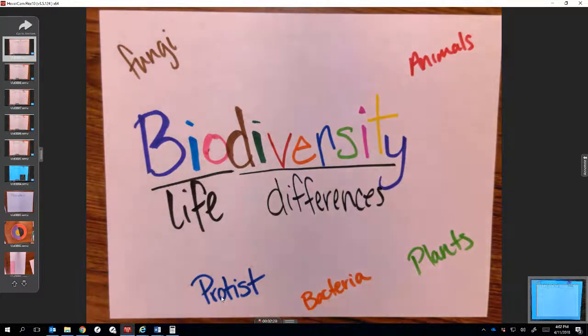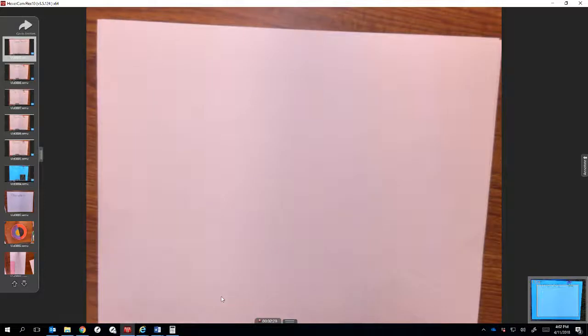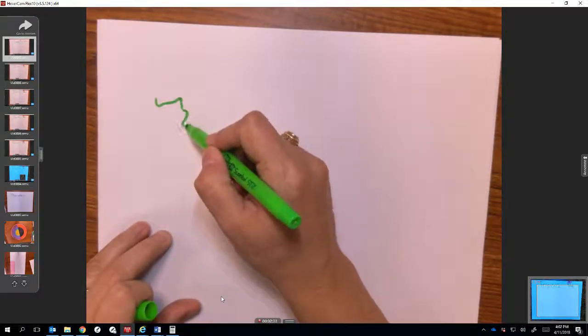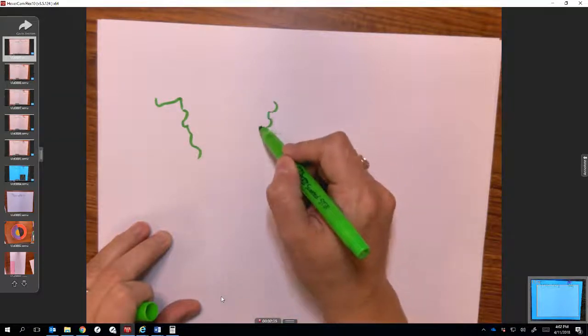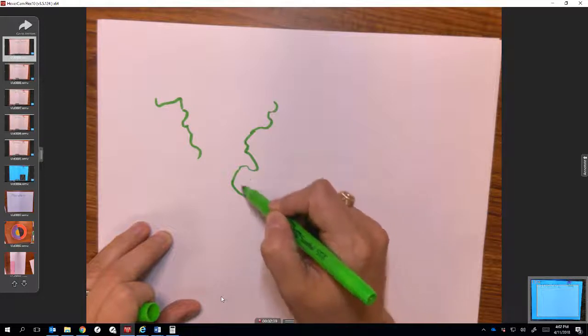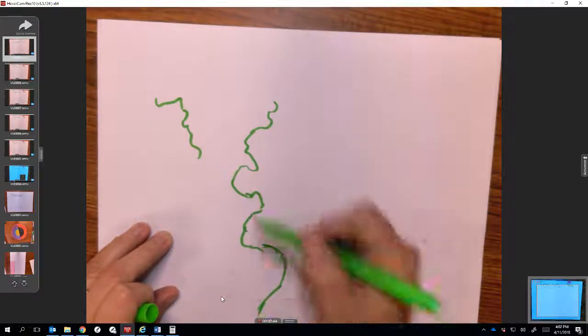So if you were to look at a map of the Earth, so if I were to look at the globe, I'm going to do the best I can. This is North America. There's the Gulf of Mexico. We've got South America down here.